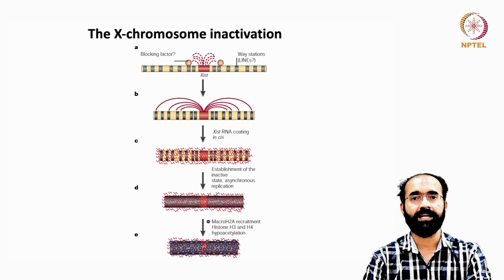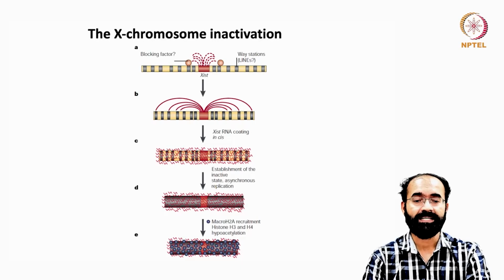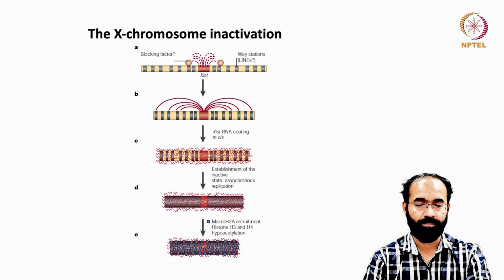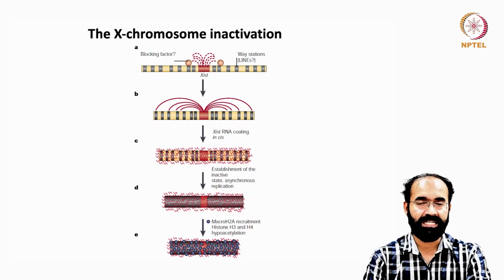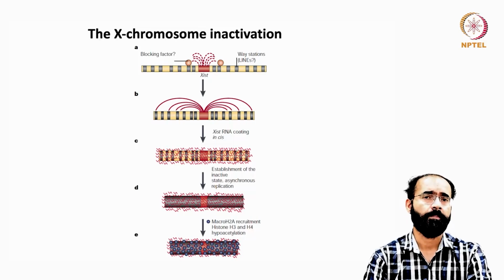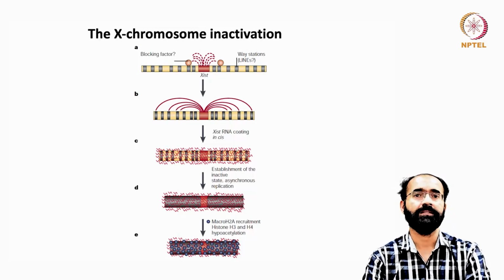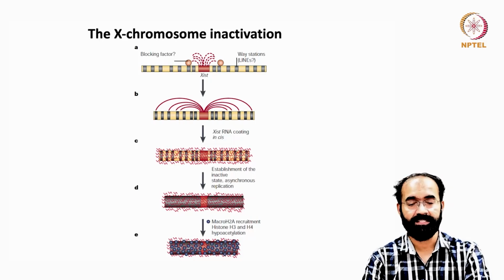So now let us see in a cartoonish manner how X chromosome inactivation is taking place. This is the X-inactivation center, and the central point is the Xist RNA itself. Once the transcription has started, we know that histone modification kickstarts, that is deacetylation and hypermethylation take place.